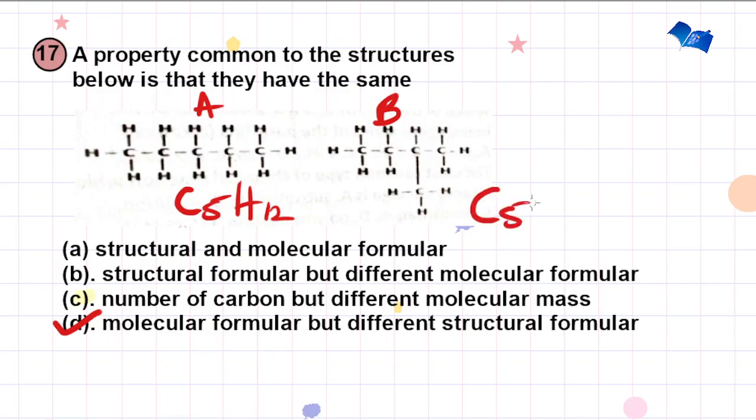The molecular formula is still C5H12. It is an isomer of pentane. They have the same molecular formula but different structures. If you look at them, they have different structures, and that is why you can say that the second structure B is an isomer of this first structure A. Isomers have the same molecular formula but different structural formula.